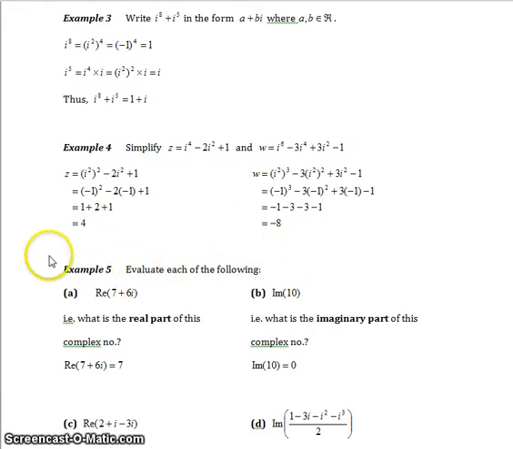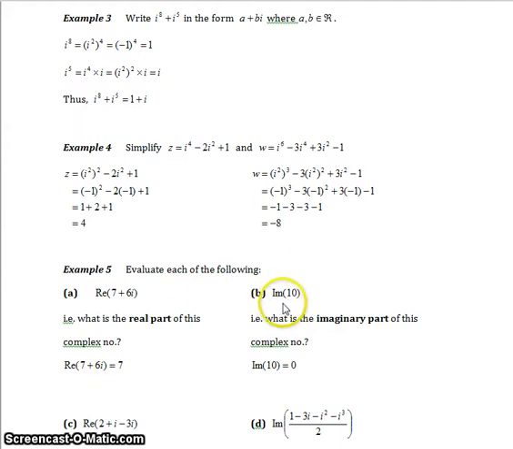Now, let's look at this fifth example. Evaluate each of the following. RE of 7 plus 6i. What it's really asking is, what is the real part of this complex number 7 plus 6i? We look in there and we can see the real part is 7. So we can write RE of 7 plus 6i is 7.